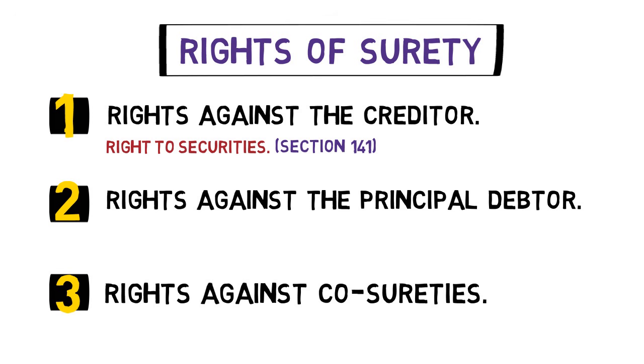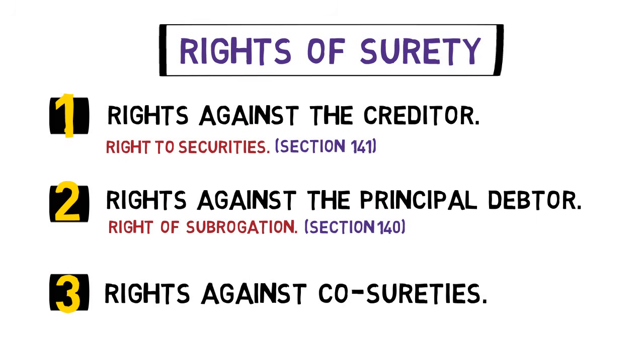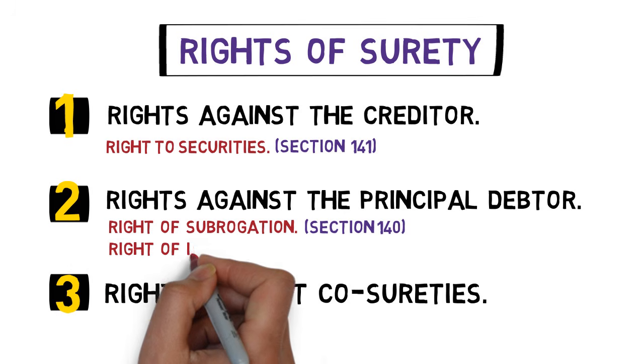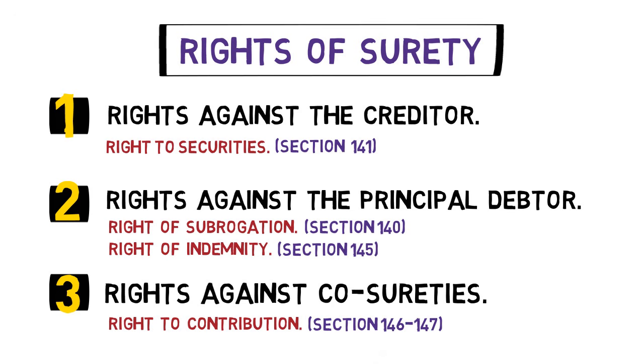Right against the principal debtor includes right of subrogation, which is given in section 140, and right of indemnity, which is given under section 145. And right against co-sureties is also known as the right to contribution, which is given under section 146 and section 147 of Indian Contract Act. So these are the main rights available to a surety.